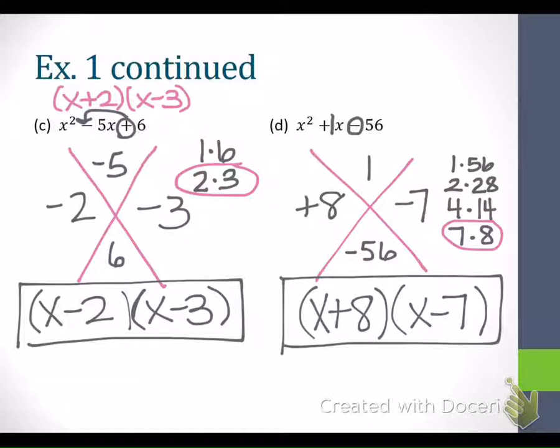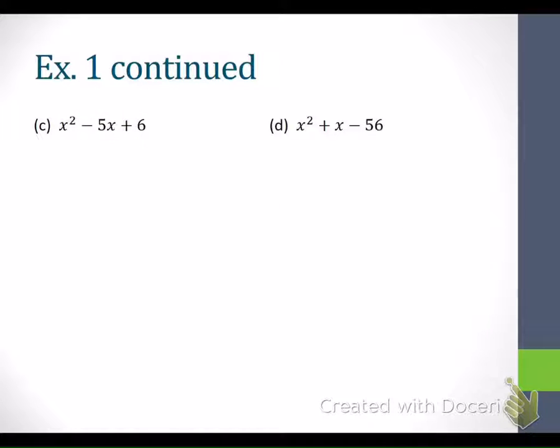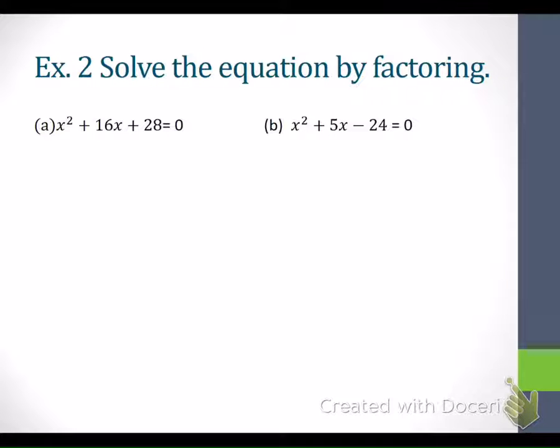Last thing we're going to do. Now, the only way that this works is if this has everything, the trinomial on one side, and it's set equal to 0. So had I started the problem like this, let's say I had made this x squared plus 16x equals negative 28.